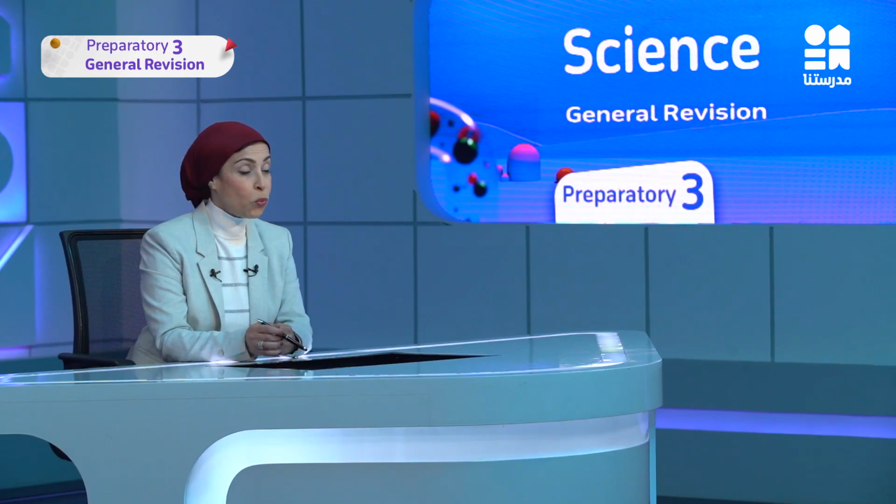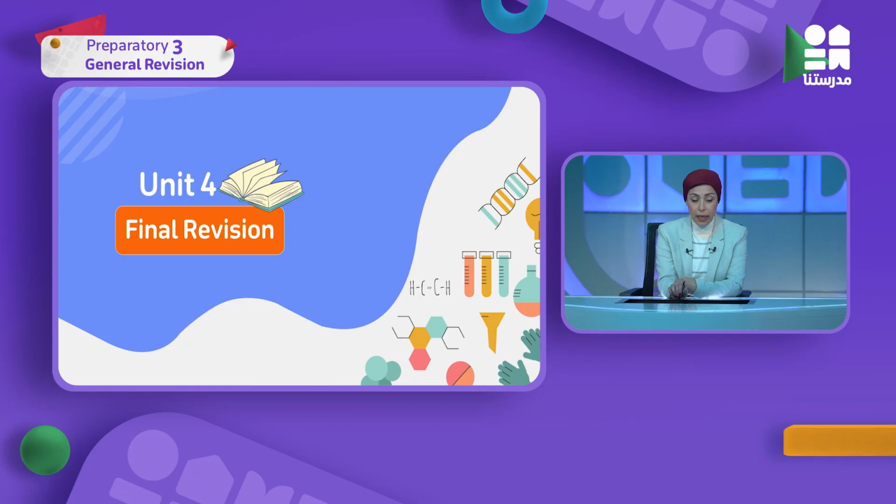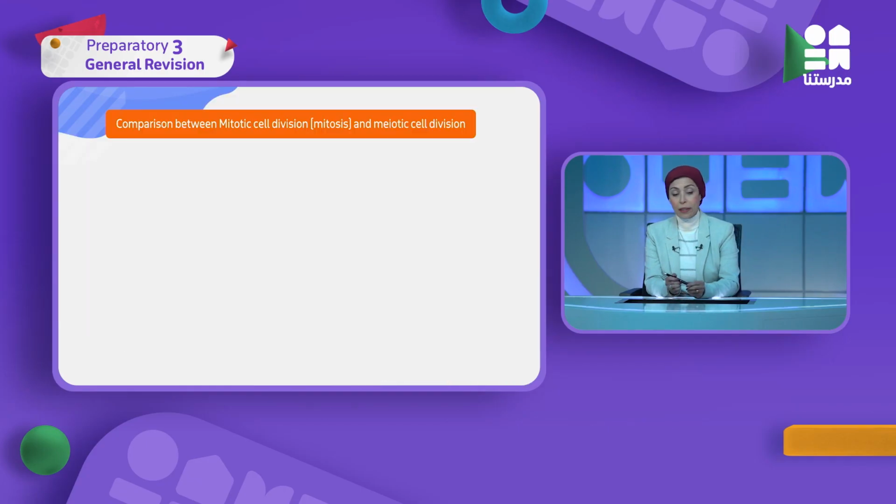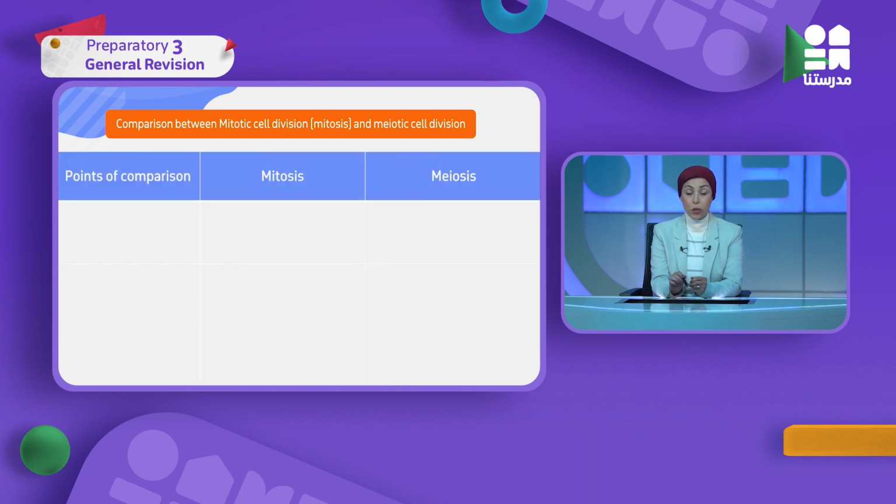Let's start with the first comparison, which is between mitosis and meiosis. We considered before, and we know, that mitosis and meiosis are the two main types of cell division. Let's see the first point of comparison in this question. Number one, he asks you to compare between them according to the site of occurrence, meaning in which place.